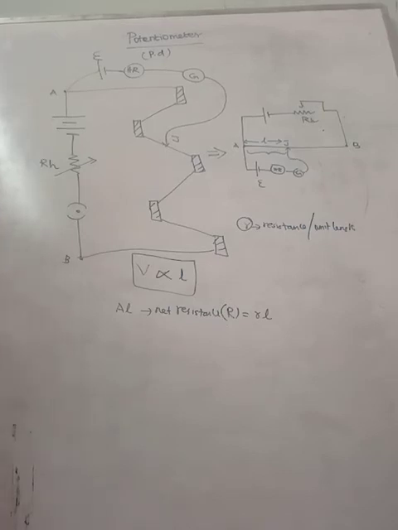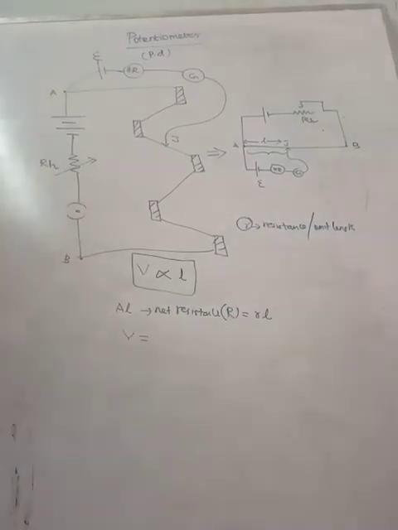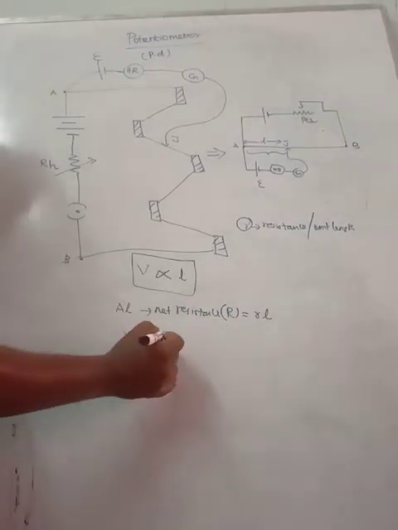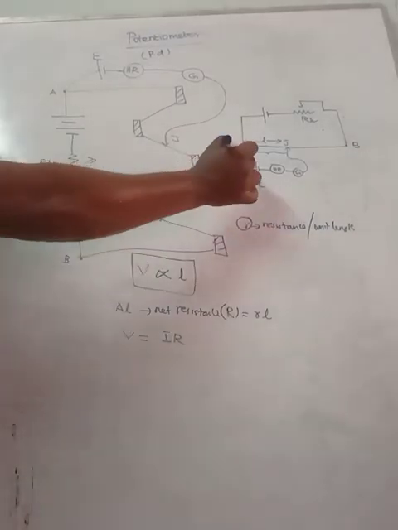Now you know the formula for potential difference across the conductor: V is equal to IR. I is the current flowing through the circuit.